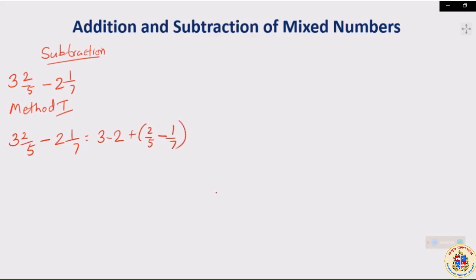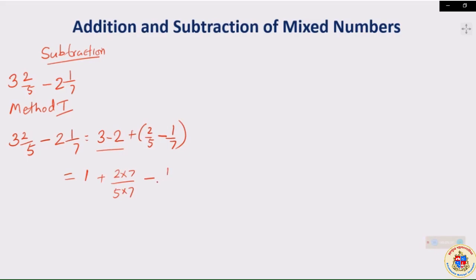Okay, we will see that 3 minus 2 is equal to 1, and as far as the sum inside the bracket is concerned, 3 minus 2 is equal to 1. I will write over here. Then we have to consider this 2 upon 5 can be changed into 7 and 5 are the denominators.